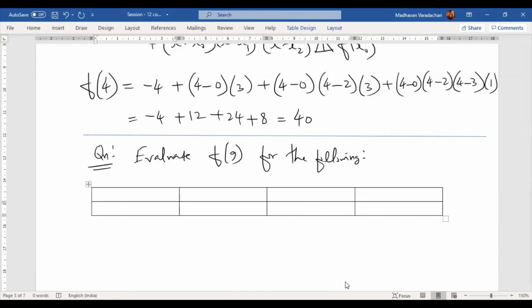Here I will write x, f(x): 5, 7, 11, then 150, 392, 1452.